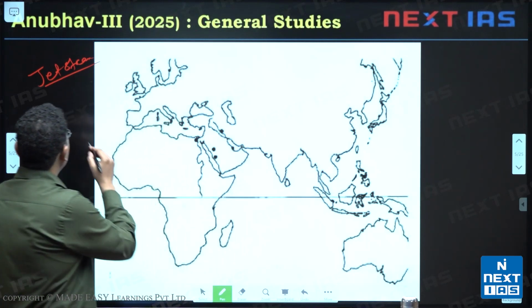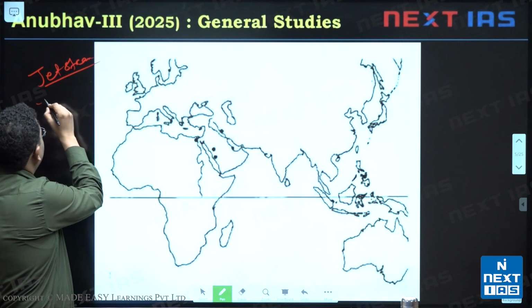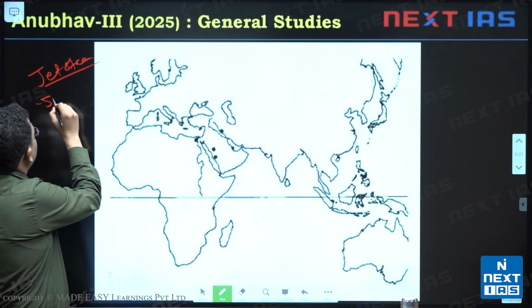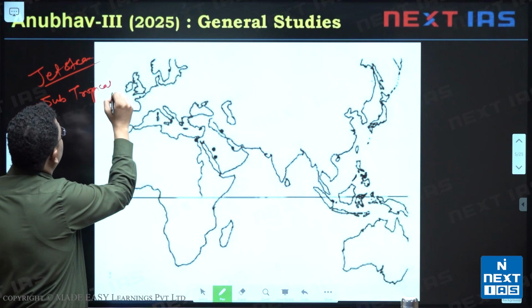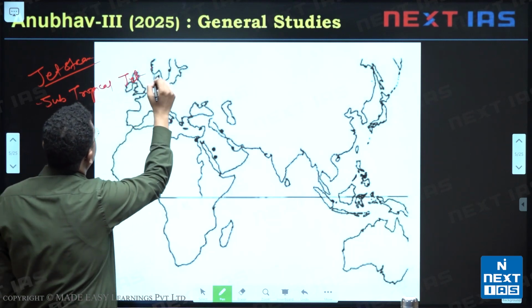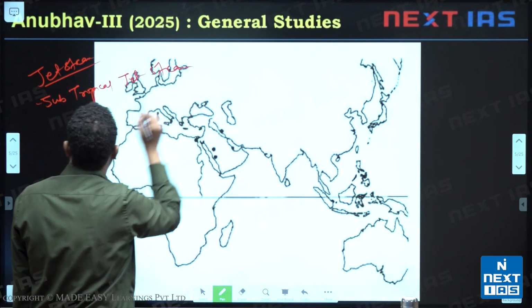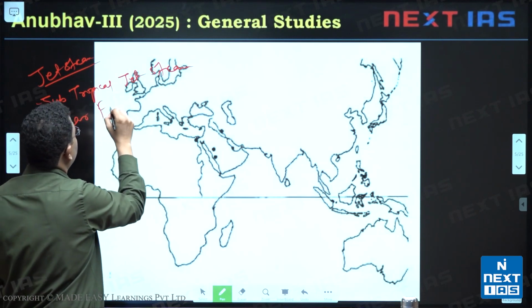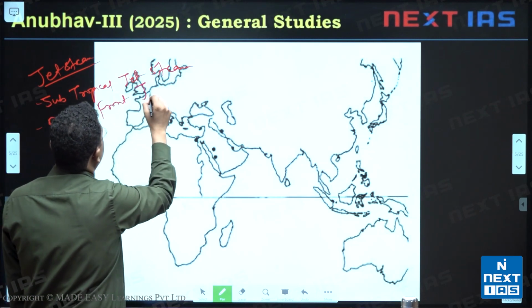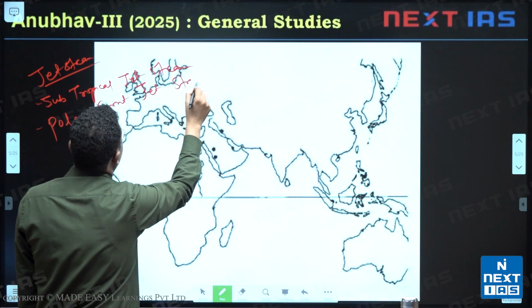And there are two permanent jet streams: the subtropical jet stream and the polar front jet stream.